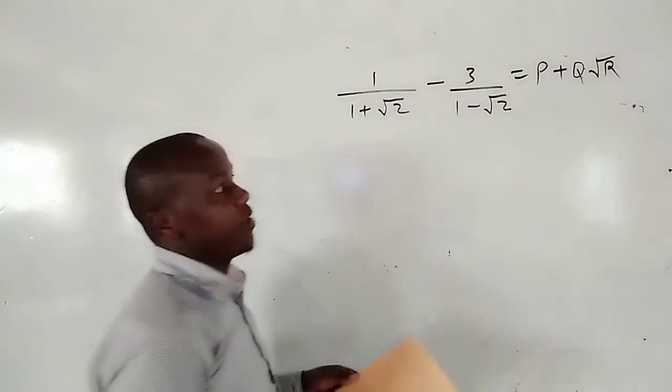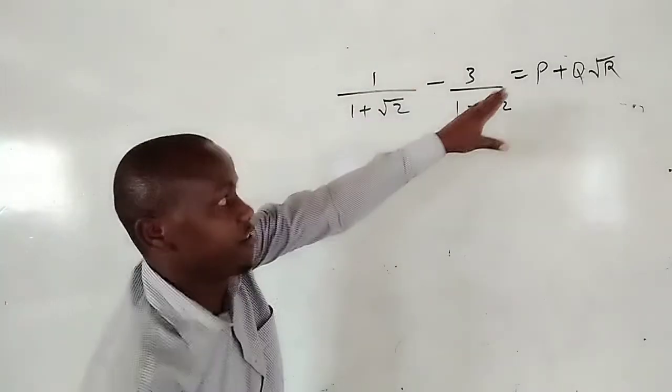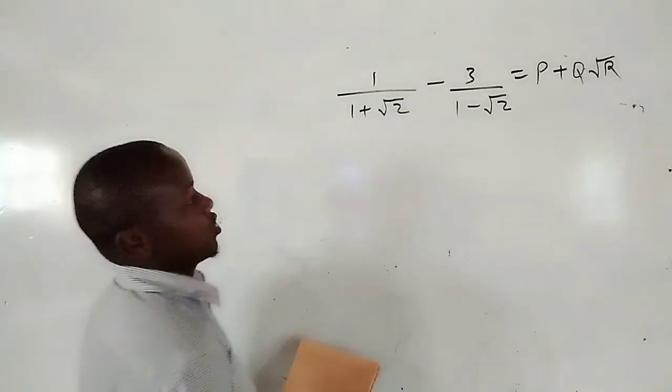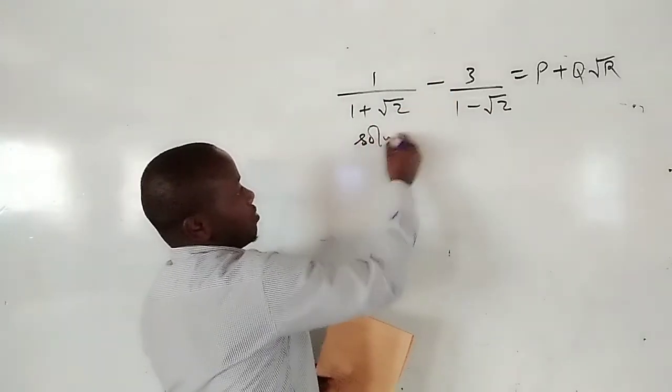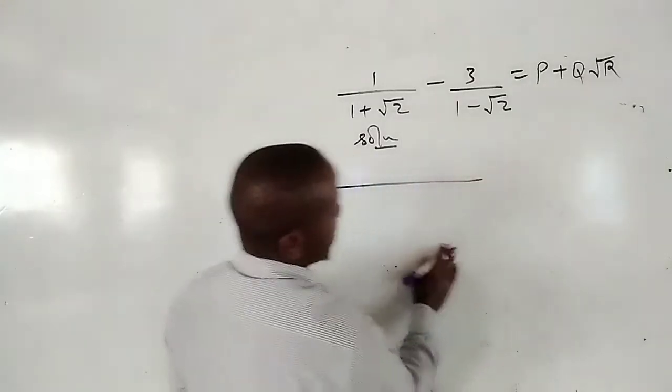Find p, q, and r. We solve this one in that form and then we express the values of p, q and r. This is our third, and I say that you handle it like any other fraction.